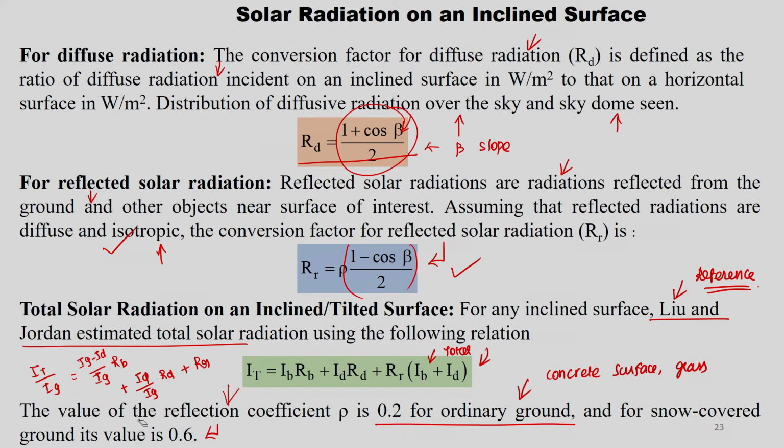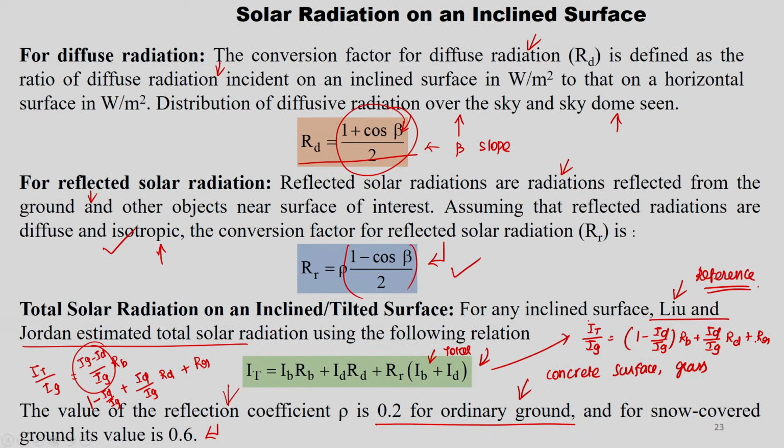In that way this particular term can be written as 1 minus ID upon IG. So, this formula also can be written as IT upon IG, which is equivalent to 1 minus ID upon IG into RB plus ID upon IG into RD plus RR.